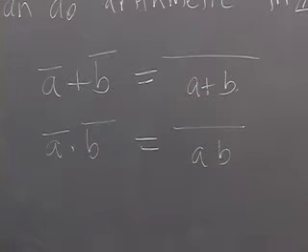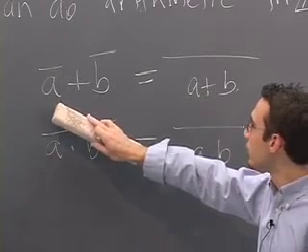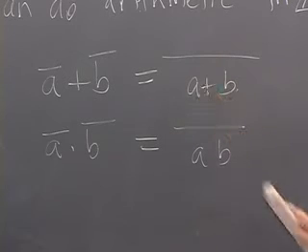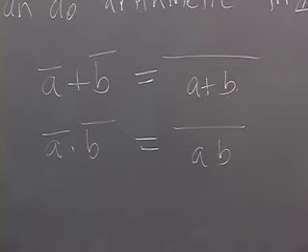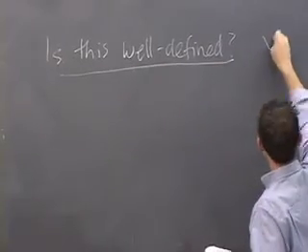So for instance, mod 12, we could write 2 bar as 26 bar, and some verification is necessary to ensure that if we change the representative, we aren't changing the outcome on the right-hand side. So, is this well defined? The answer is, of course, a resounding yes.